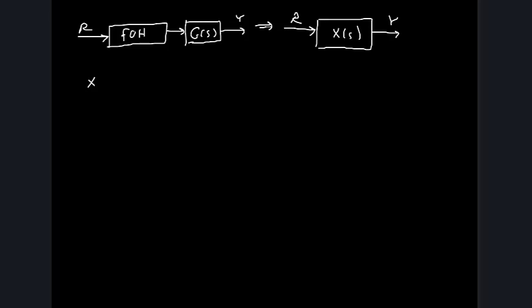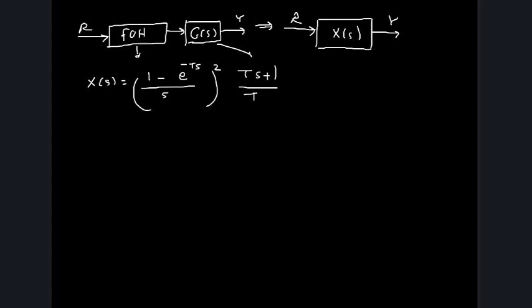Now, X of s will be the transfer function for the first order hold, which is 1 minus exponential minus Ts over s, all squared, times Ts plus 1 over T, and we have the G of s here. Now we need to find X of z.